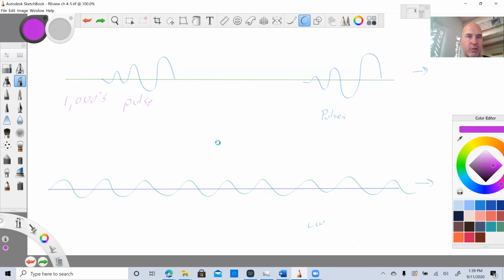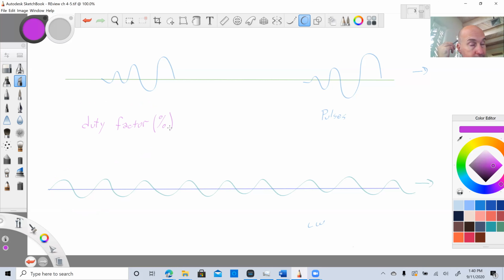Okay, and I kind of wanted to zoom along until I got to the duty factor. That one I just want to make sure we're understanding. So, duty factor. Remember, usually represented as a percentage, but it doesn't have to be.